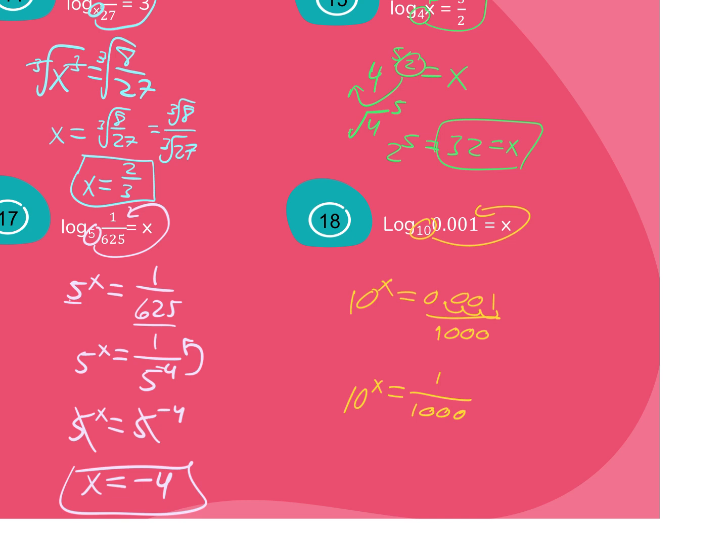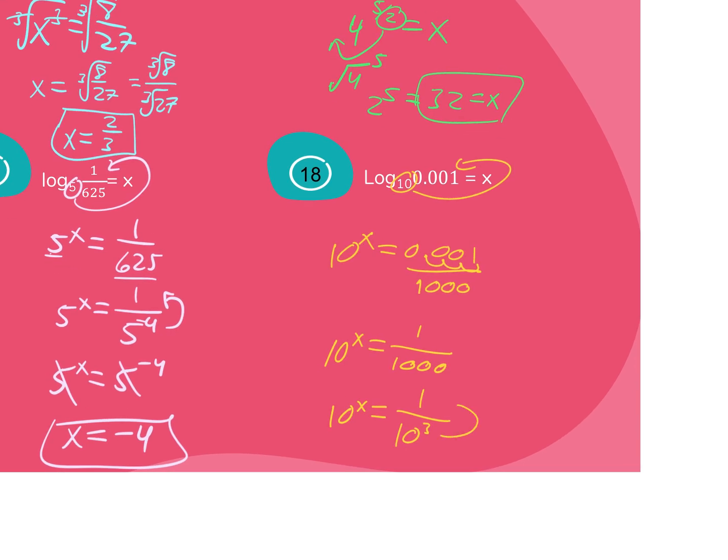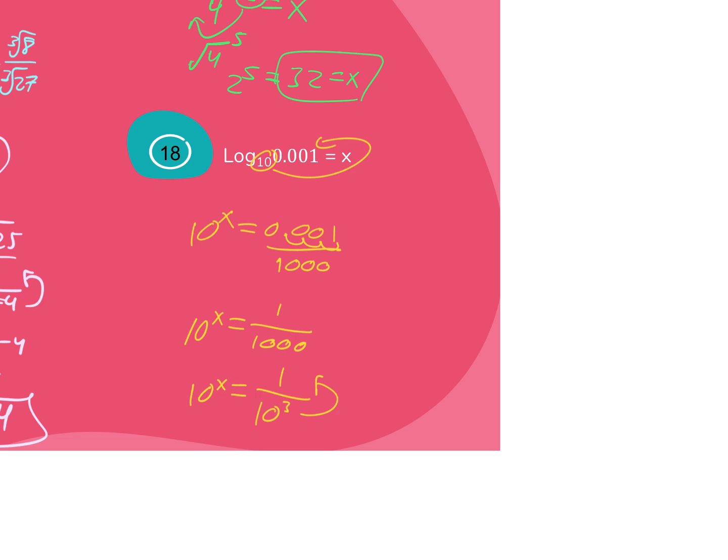And then this looks like something that we can solve, right? 1,000 is the same as 10 to the power of 3, right? The powers of 10 are easy, right? You just look at the number of zeros that it has. And then 10 to the power of 3 you can bring to the top. And then we get 10 to the power of x equals 10 to the negative 3. And then you can go ahead and cancel these out, and so you get x equals negative 3.